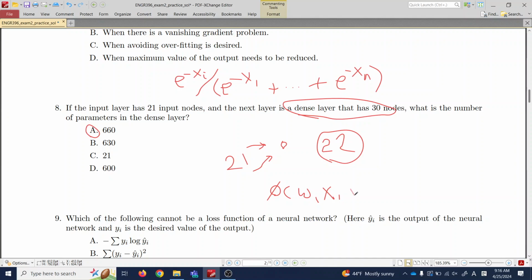And then plus weight 2 times x2, and then plus, until you get to weight 21 multiplied to the input 21.